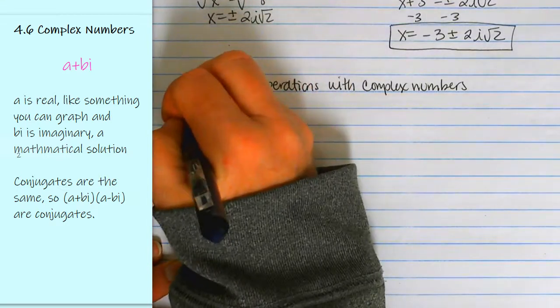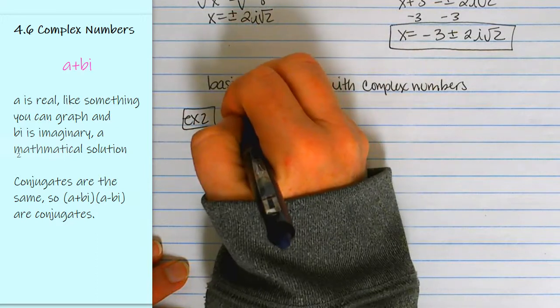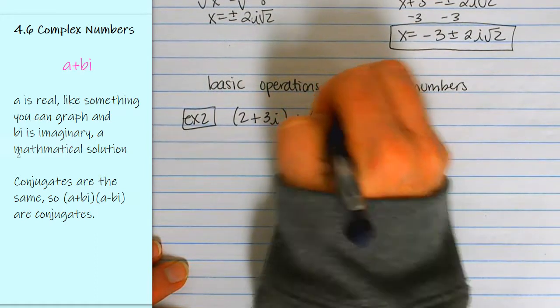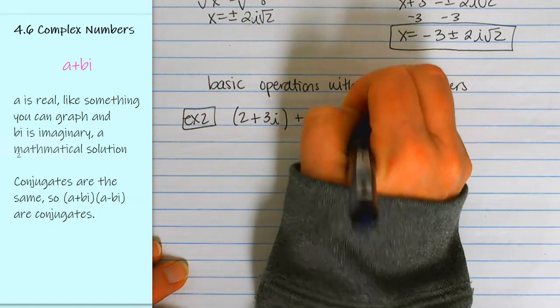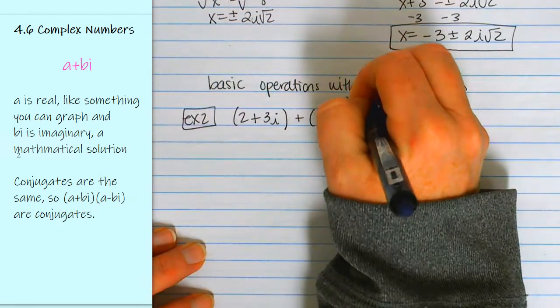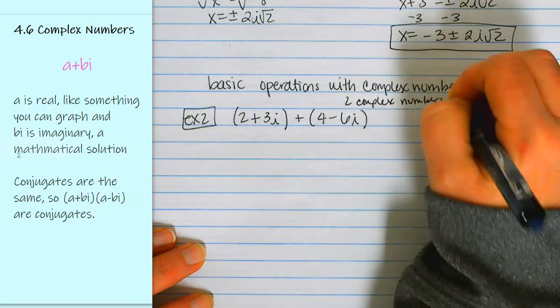Let's say we have (2 plus 3i) plus (4 minus 6i). The parentheses may confuse some people, but this represents two complex numbers added together.